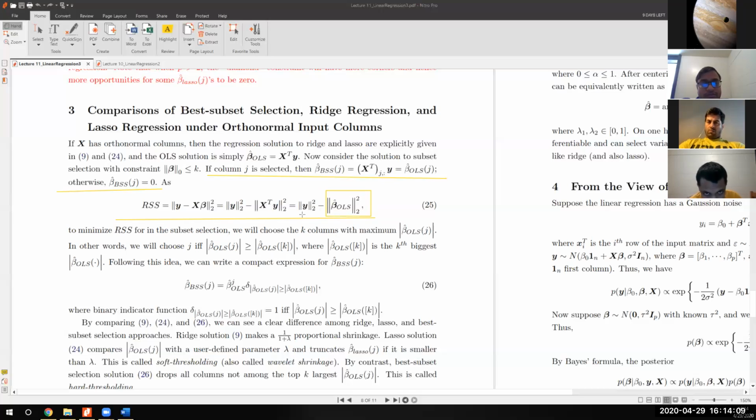This is a constant, and this part means minus the square of beta OLS1 plus square of beta OLS2 plus and so on, plus square of beta OLSP. Among these P elements, only k of them are non-zero. All others are 0. Which k would you choose to be non-zero? Of course, the k which have the maximum absolute value of the beta.